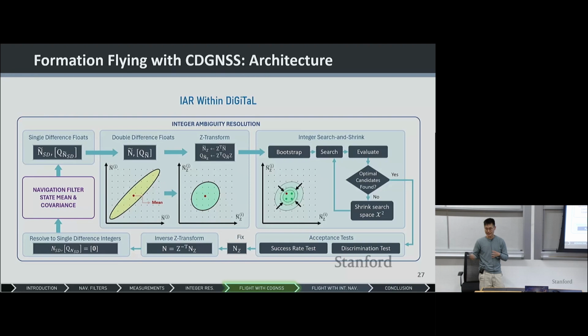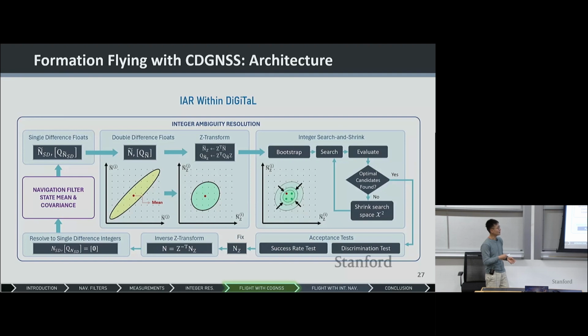It's very elongated because it has a lot of correlations with your reference single difference measurement. And what the LDL decomposition does is it shrinks it, or rather makes it less elongated. If you notice, visually, these discrete points here are your integers, for a dimension of 2.